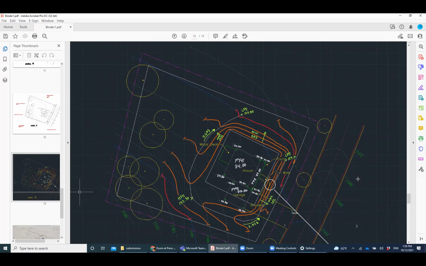Your front slope is getting pretty high, right? You can see the orange line here clustered. Right, yeah, the LPS needs to be somewhere here. Same thing here. Yes, somewhere here.